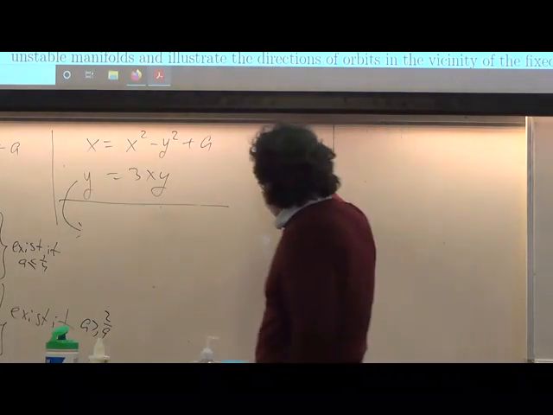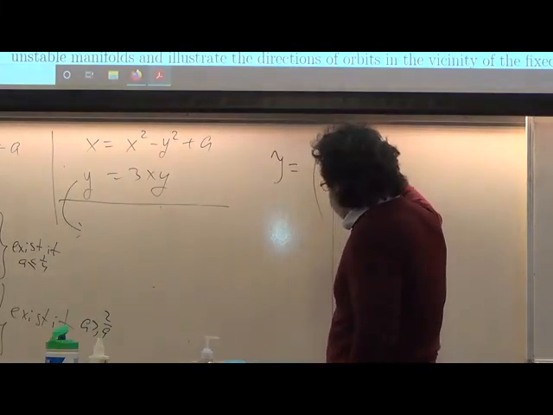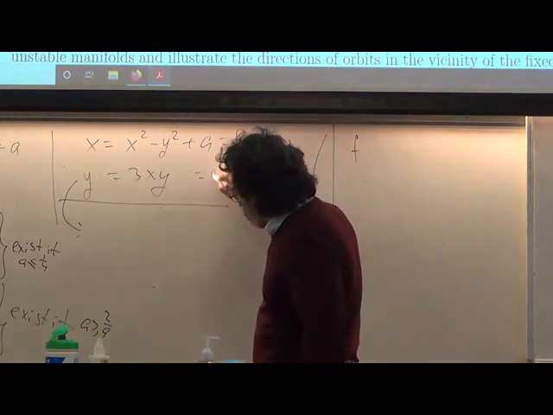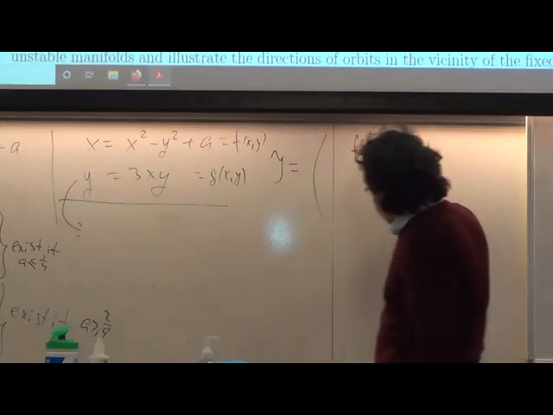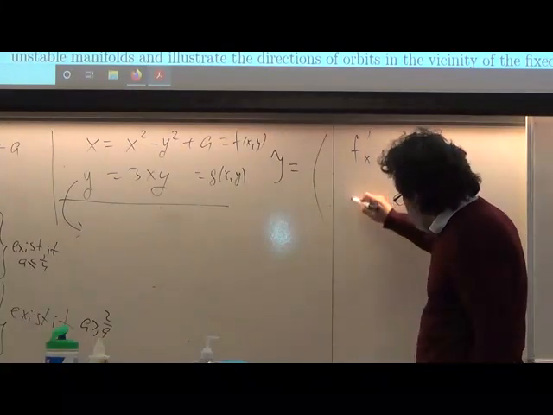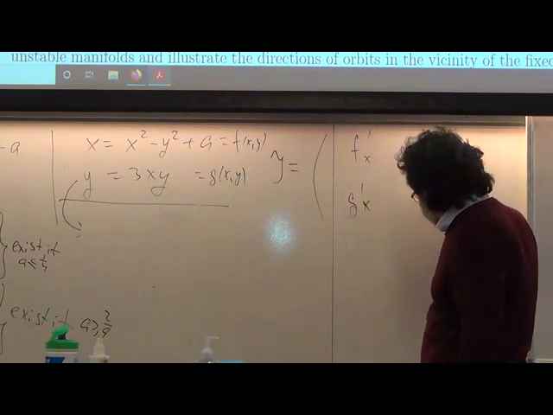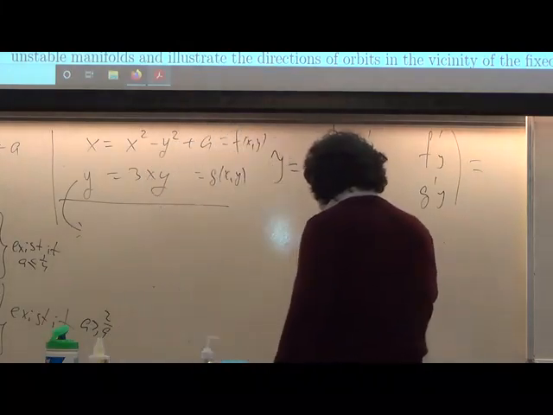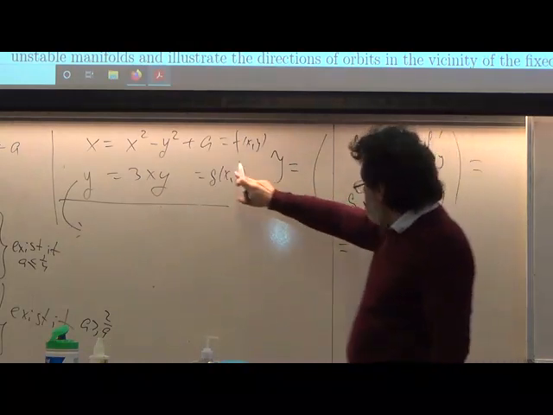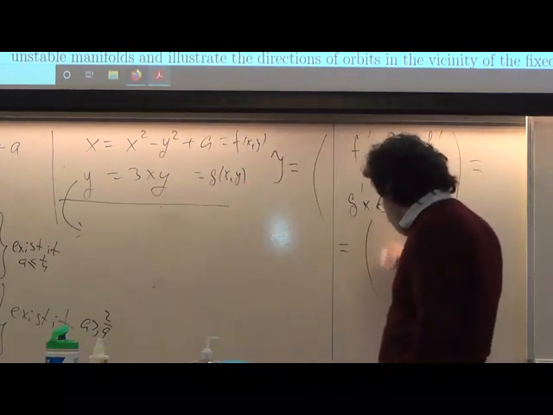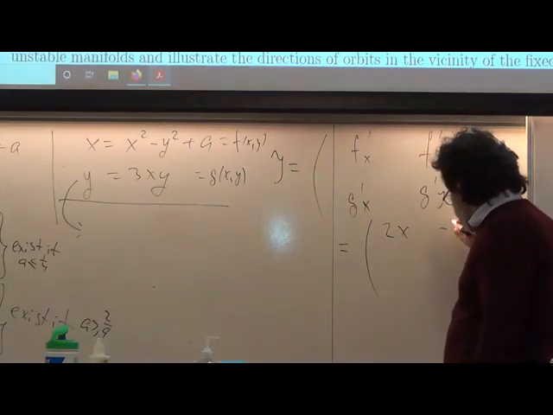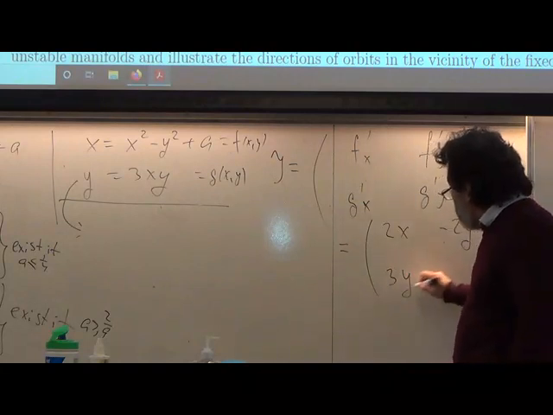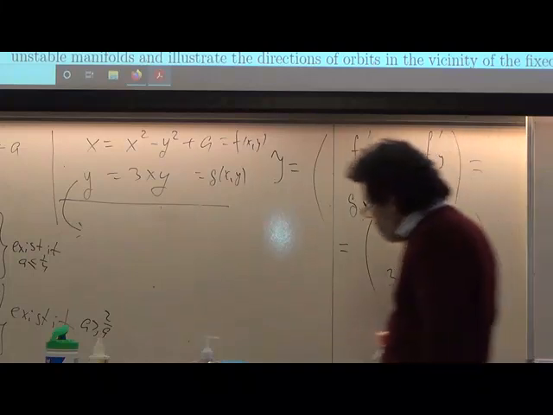We create a matrix which is called the Jacobian. Here should be the derivatives of f and g: derivative of f over x, derivative of f over y, derivative of g over x, derivative of g over y. The derivative of f over x is 2x, over y is minus 2y, derivative of g over x is 3y, and here is 3x. So this is our Jacobian.